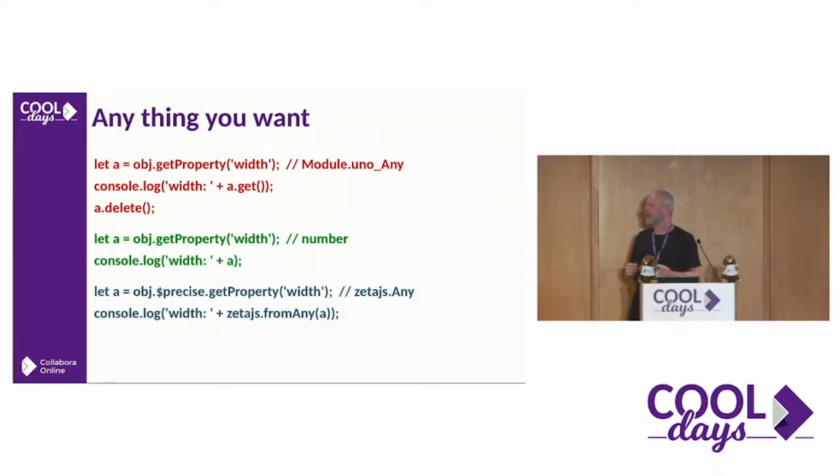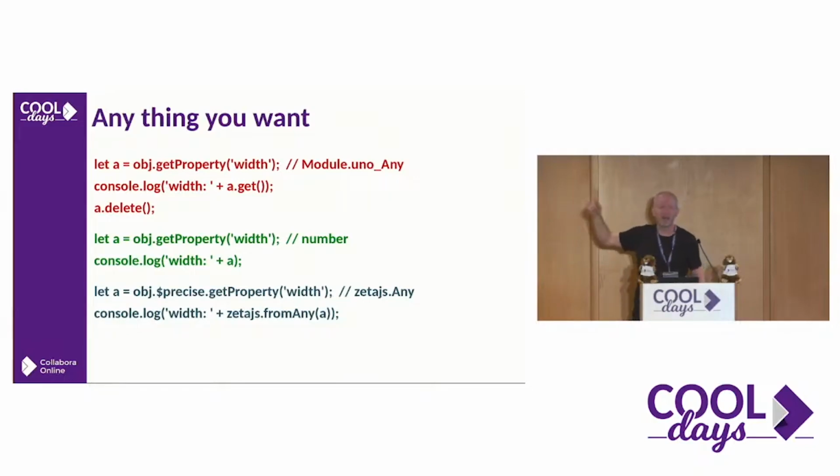Very boring. The top red one is what you get with this underlying Emscripten embind layer that I showed at the start. So you get something that is in reality just a pointer over to the C++ data structure. This C++ any, you need to get the value out of it with an explicit .get method.